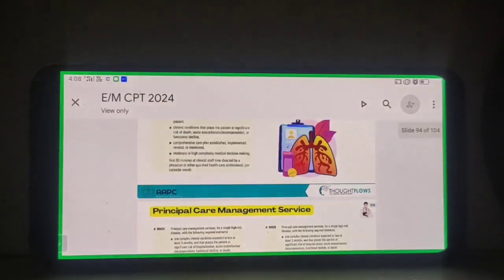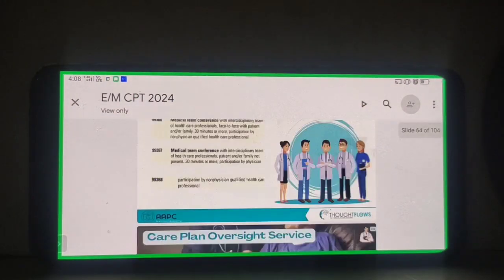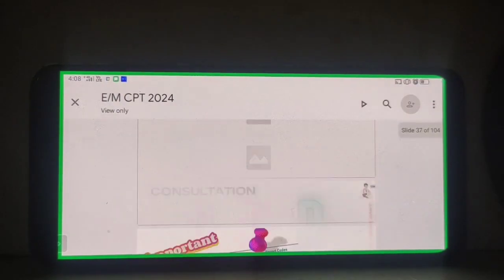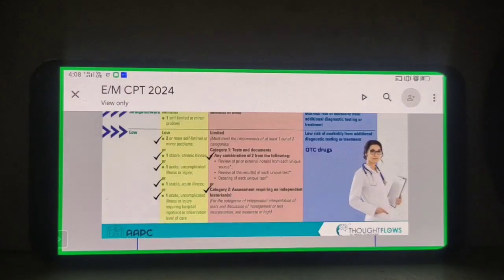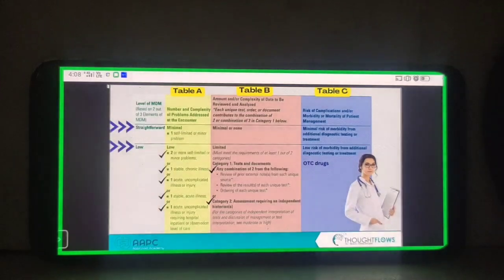Now I'm going to ask questions from that table. As I told you already, 80% of ICD E/M guidelines are based on this table one.